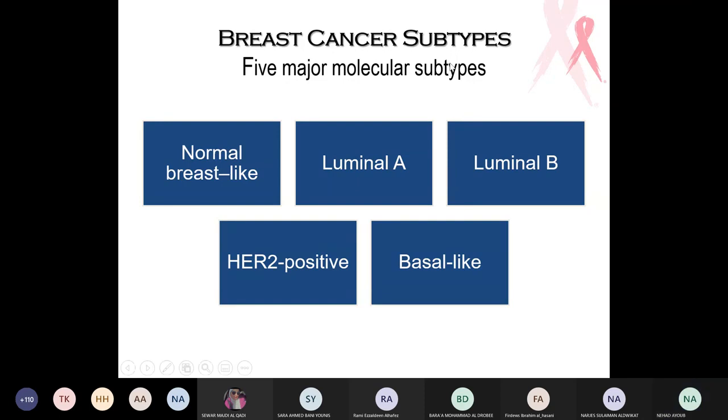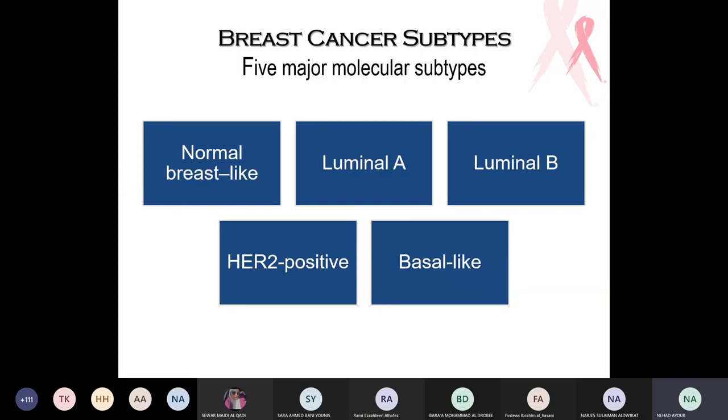Now, what adds to the complexity of treating breast cancer is that we are not talking about one type of carcinoma. Actually, genetic studies and molecular profiling showed us that breast cancer as a disease is heterogeneous.